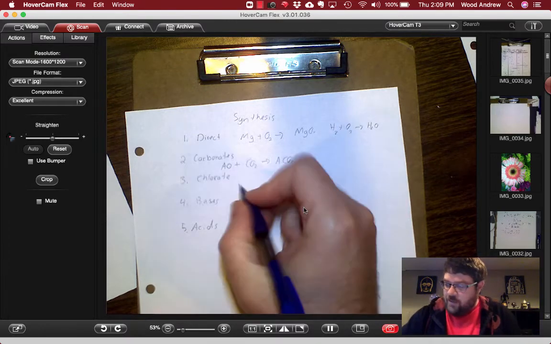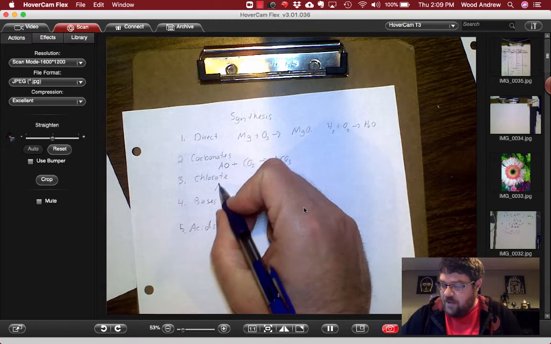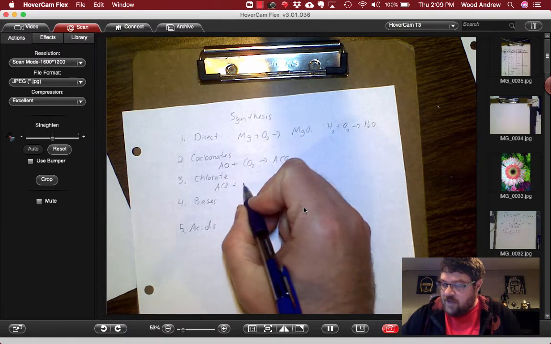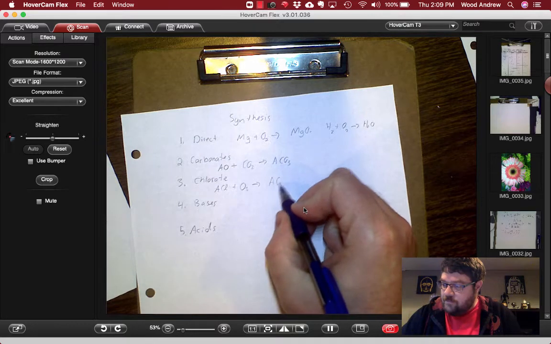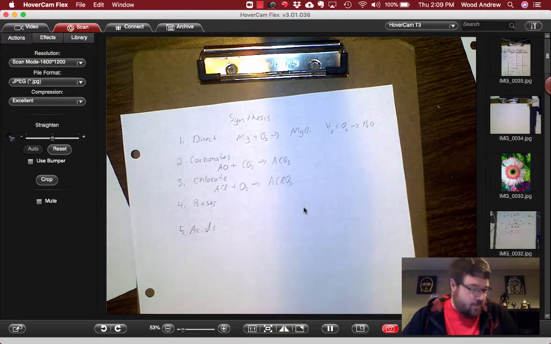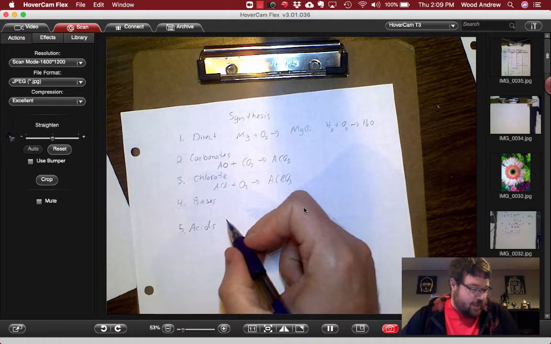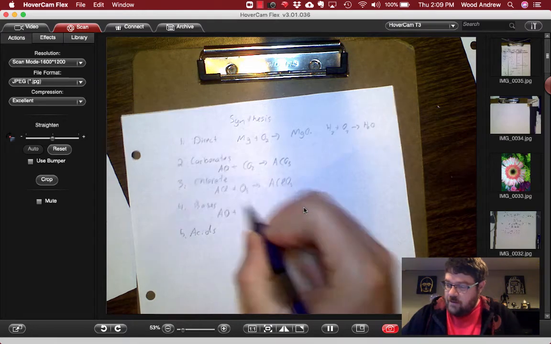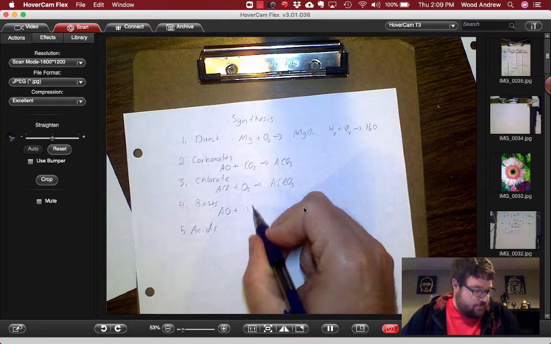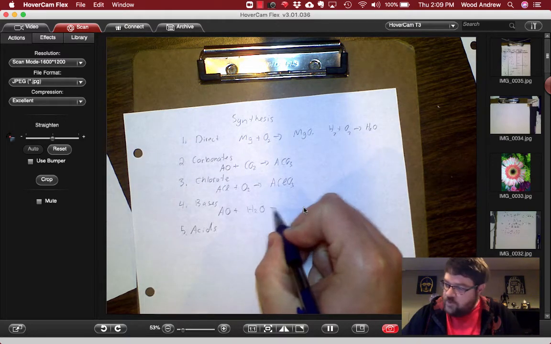Chlorates, again, start with a binary chloride, so some metal and chlorine plus oxygen will make a chlorate. Acids and bases, again, bases are a metallic oxide and water to produce a base.